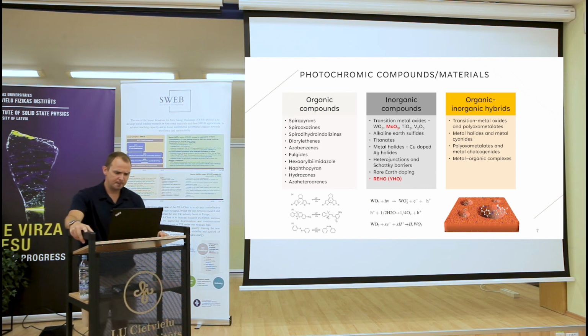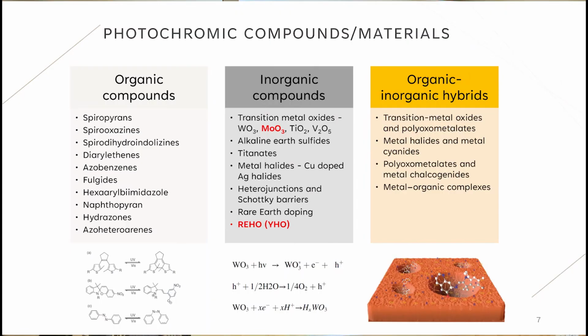Here are presented the different types of known compounds. First, organic compounds. This is not the focus of my lecture today, but in general, under illumination, the form or structure is changed in organic compounds. Either bonds are broken or new ones are formed, and the optical properties change.